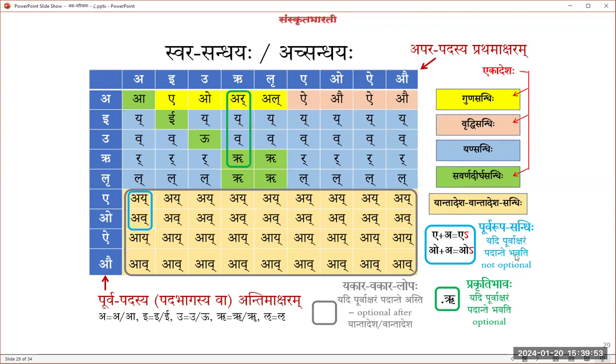Yantadesha is not available, Vantadesha is not available. It overrides Yantadesha, Vantadesha. Once it overrides them, there cannot be a path for Yalopa, Valopa. Correct? Yes. So you will have to remain A, O only. You cannot go A, and all that. It would have been Hrasva Akara, but there is no option for that. Only for Dirgha Akara is there no confusion. Yantadesha, Vantadesha is available, and then Lopa can happen.